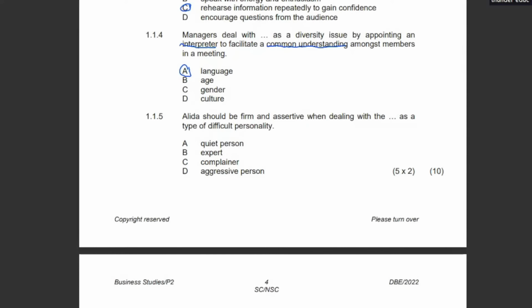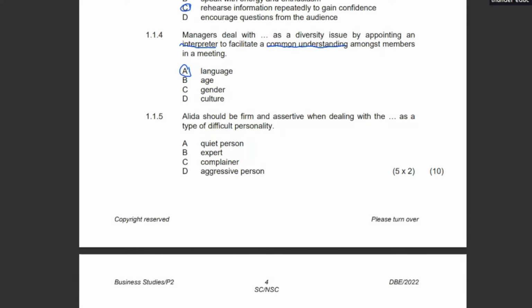Other people always complain every day. Other people are always quiet, even if they have problems regarding the business or the institution. So now, a leader should be firm and assertive when dealing with the dash as a type of difficult person.